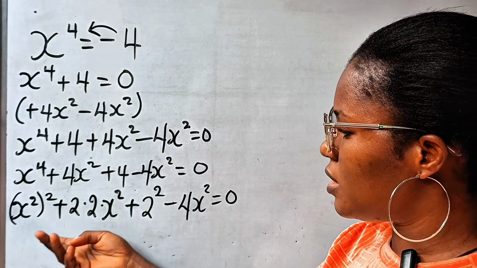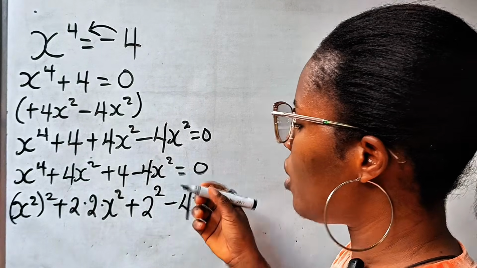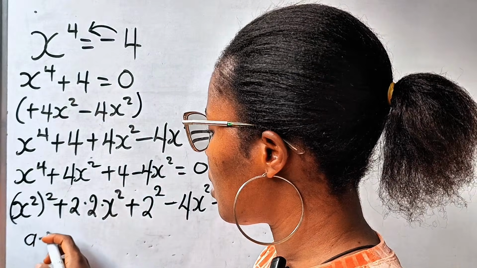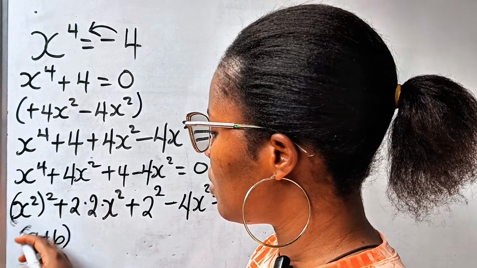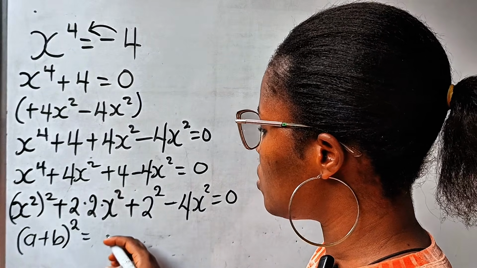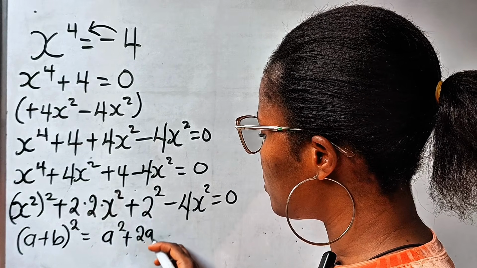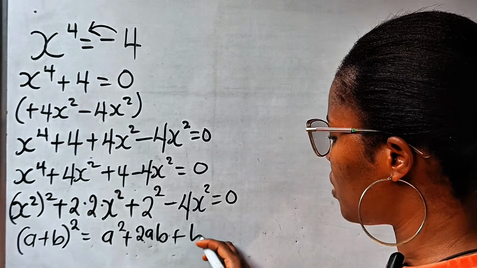If you look at this, let us recall that a plus b raised to the power of 2 is equal to a squared plus 2ab plus b squared.